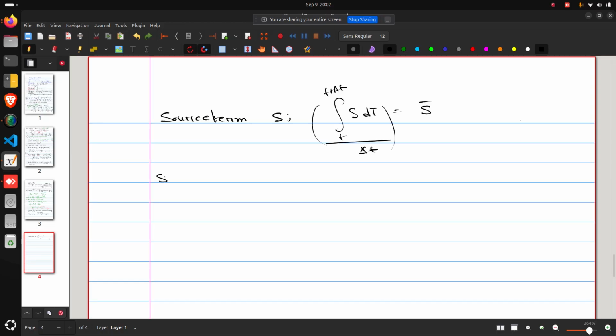We will assume some value S bar, which is nothing but the integral from t0 to t1 of S dt, divided by delta t, where delta t is nothing but t1 minus t0. Okay.